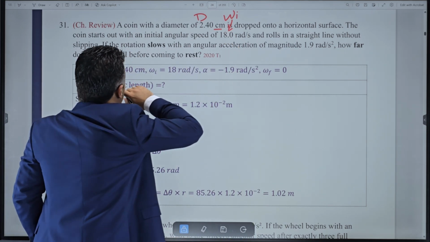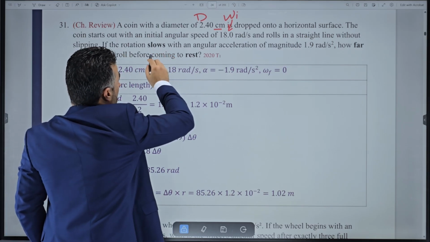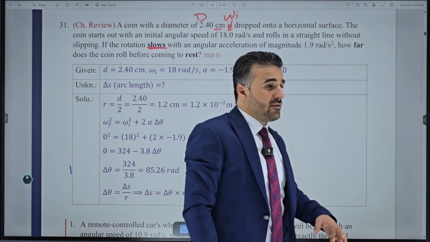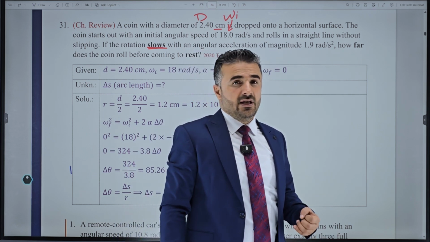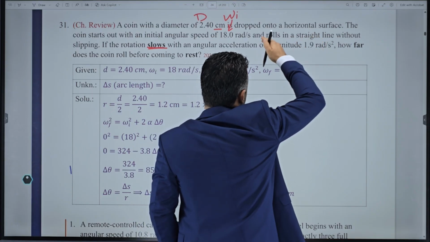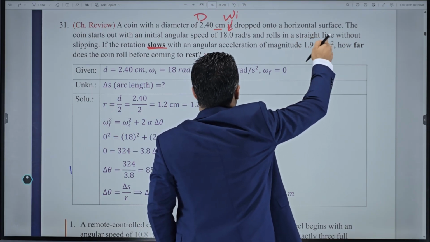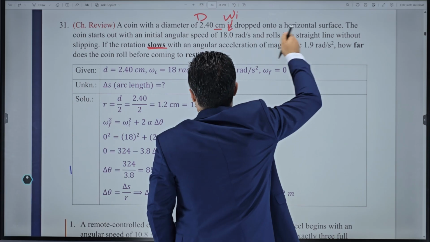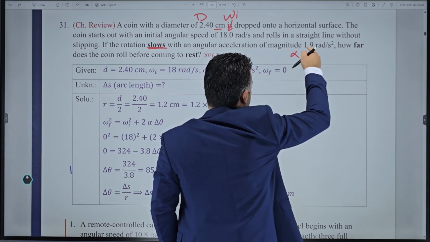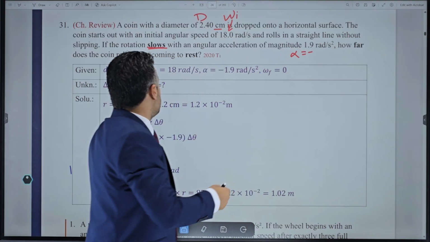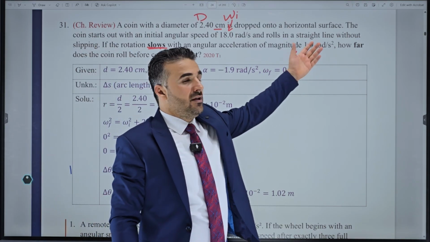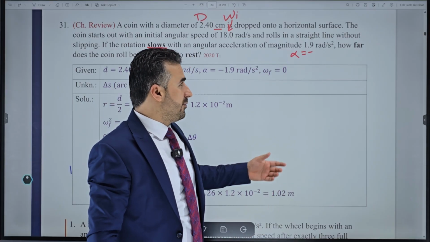If the rotation slows with an angular acceleration of magnitude, we know that whenever an object is slowing down, the acceleration will always be negative, because that'll be opposite to the velocity, no matter which direction the velocity is. So at this point, we'll just say it is negative. So here's the angular acceleration. We can say it is negative 1.9. Why? Because the question says slows down. If the question were saying speeds up, then you would have used the same number, a positive number.